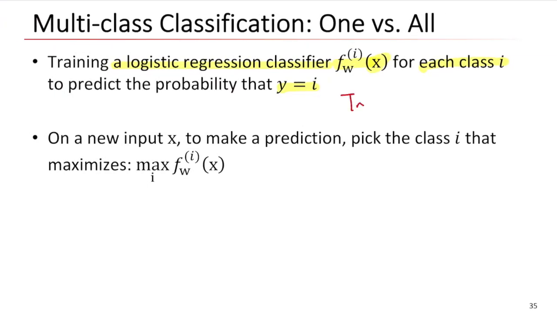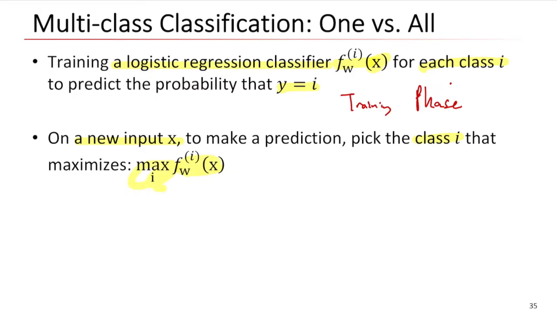This is the training procedure, the training phase, and then the testing phase. On a new input X, pick the class i that maximizes this.